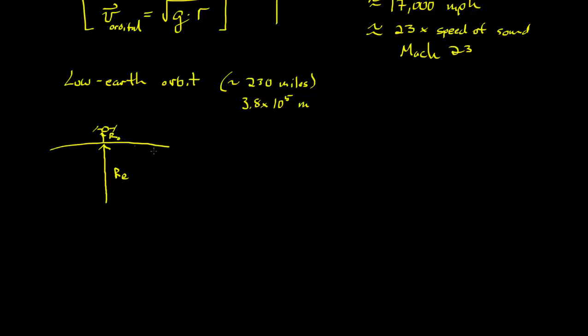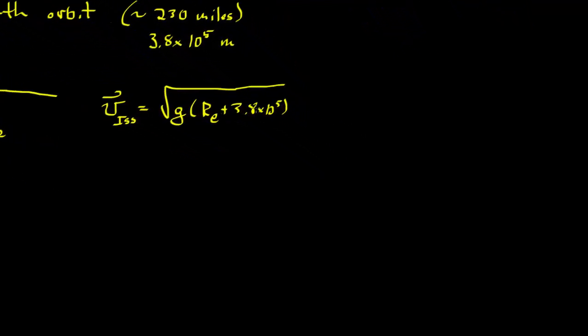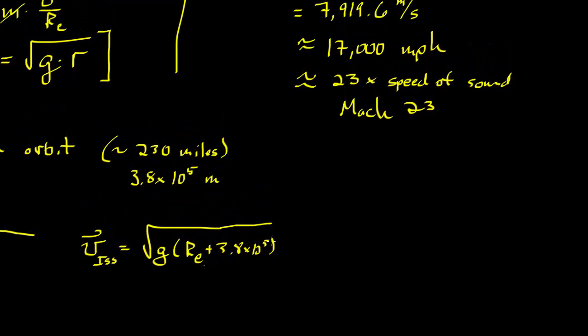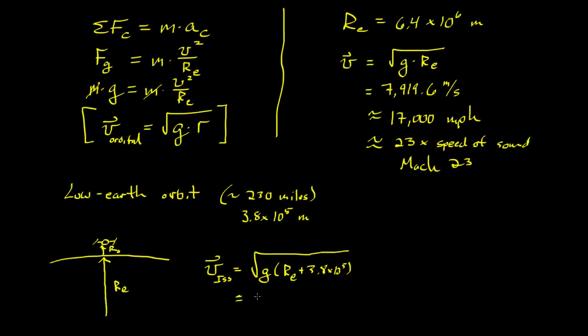So the velocity of the ISS would be the root of g times the radius of Earth plus 3.8 times 10 to the 5th. And we're using the radius of the Earth from above, so 6.4 times 10 to the 6th. Let's calculate that. So we get the velocity of the ISS to be about 8151 meters per second, which is faster than it is on Earth.